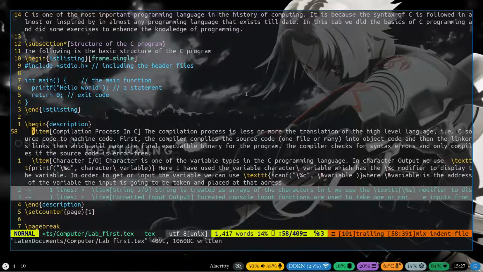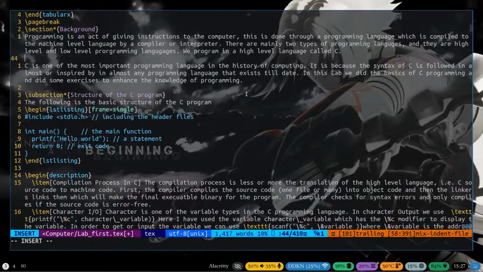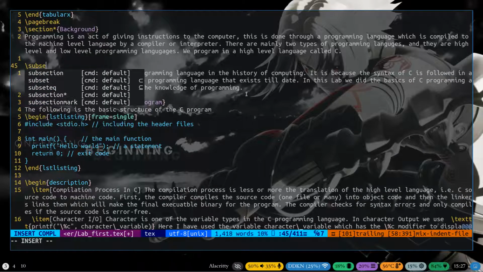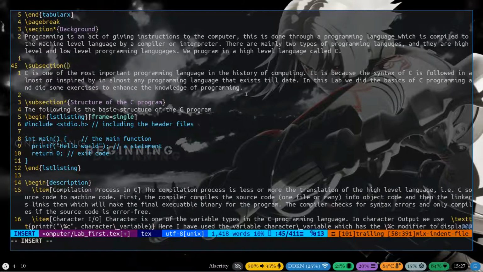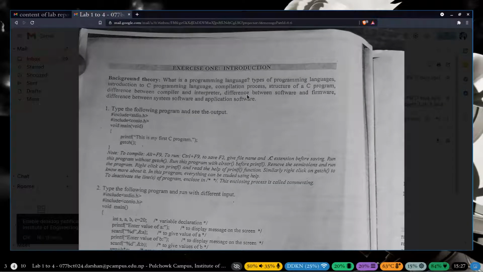I think I have to write here, in the compilation process section, a subsection with a reference: compiler and interpreter.